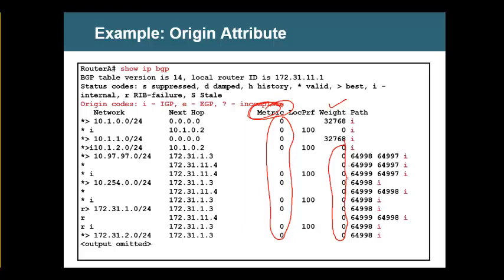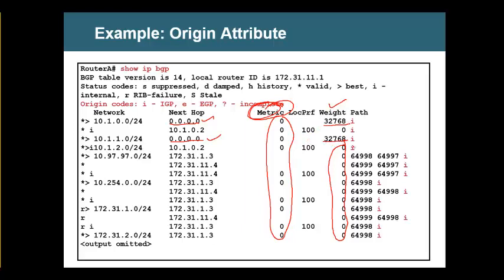For local origin, meaning the network originated and advertised on that router, the next hop will be 0.0.0.0. For all networks with next hop 0.0.0.0, you will have a weight of 32768 dynamically set.